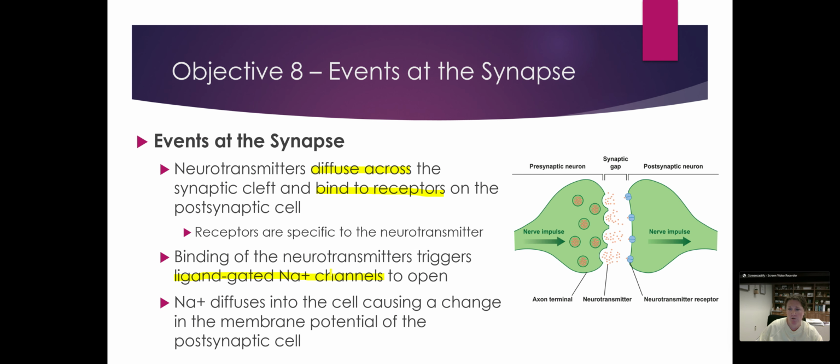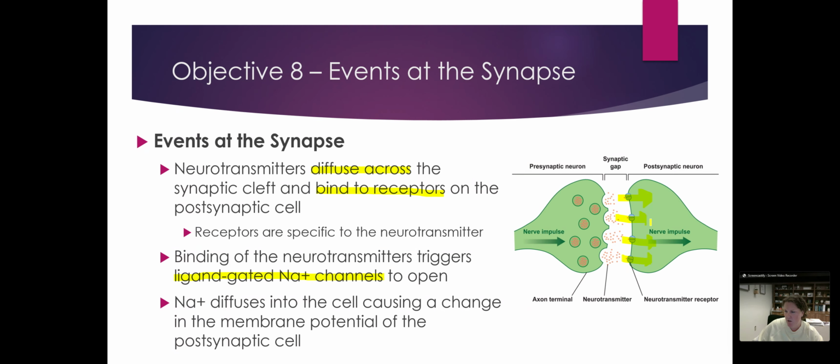Now, we should have learned from previous objectives that sodium is higher on the outside of the cell. And so what that's going to do is it's going to cause sodium to rush in, and that's essentially what causes depolarization. Okay, so the neurotransmitters are going to bind to the protein receptors. They're ligand-gated ion channels.